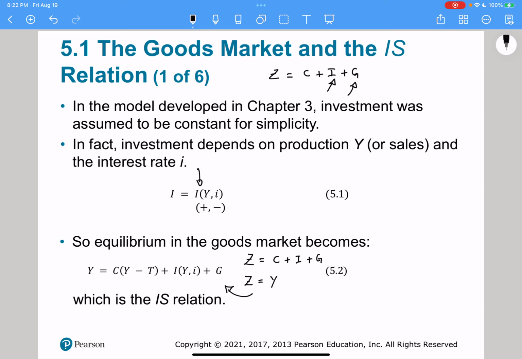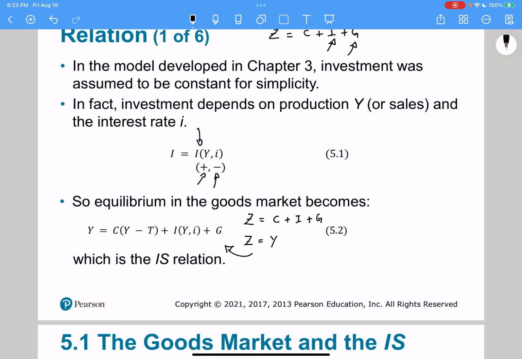However, sometimes the money that is used to invest must be borrowed. You must go to a bank to borrow some money. And when the interest rate goes up, you will be less willing to borrow. So, if the interest rate goes up, the investment goes down. So, plus and negative here.